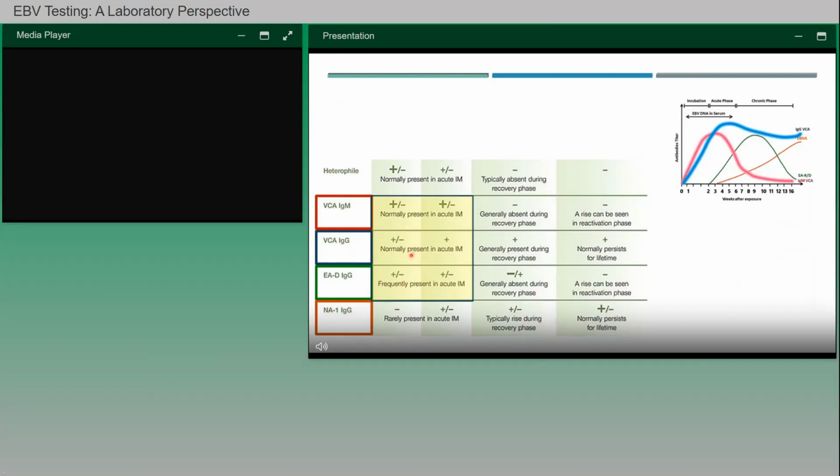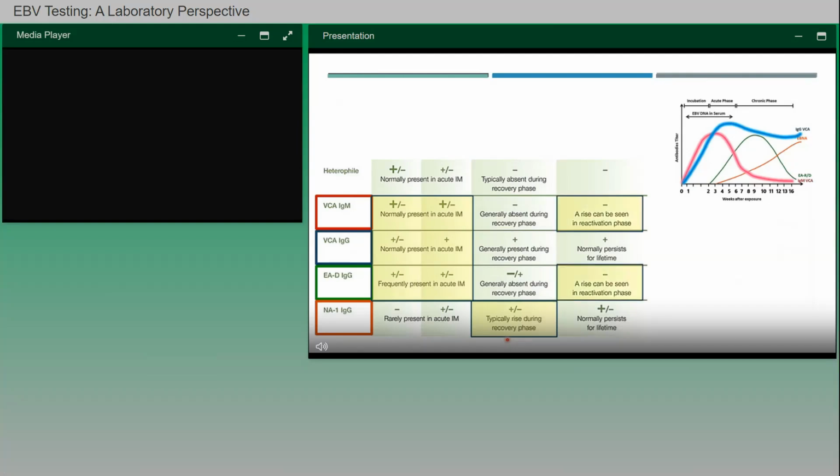You may or may not see the IgG, depending on when you're catching the patient. And you're going to see that active EA antibody as well. And then the nuclear antigen is going to come along later. So that's telling you that the patient's probably in their recovery phase, that the acute phase is done, and hopefully they're recovering at this point.